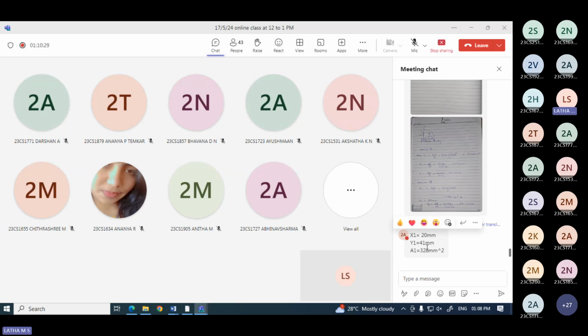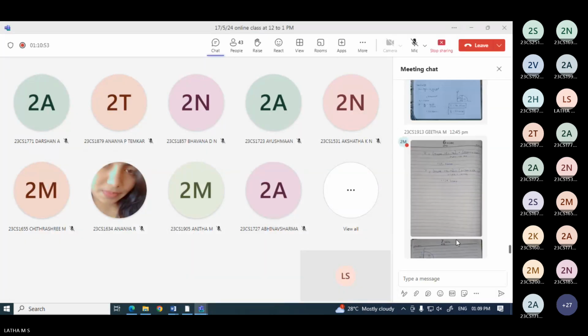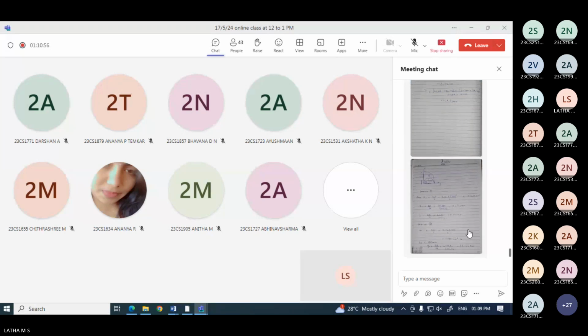No, you have taken the other way. X1 is 20. How? X1 is a horizontal distance. See in the figure. X1 is read this way. Y1 is read this way. So X1 is how much? What is x1 and y1?